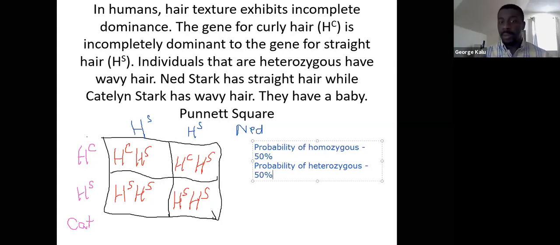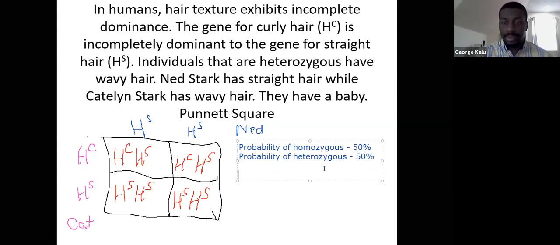Good. So now we've looked at the genotype perspective. We're not going to be worrying about dominant or recessive, because in incomplete dominance, we don't have any dominance or recessiveness. We just have homozygotes and heterozygotes. Now we're going to look at this from a phenotypic perspective. What is the chance of us having an offspring with curly hair?